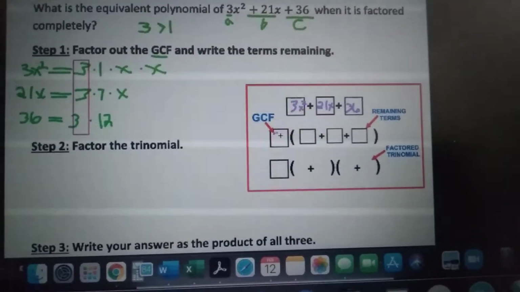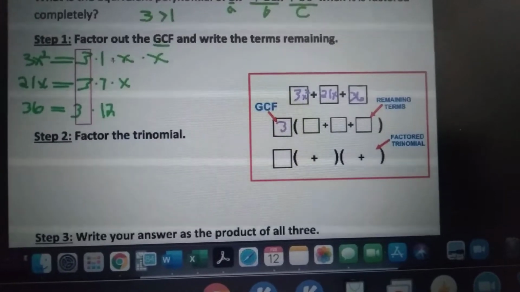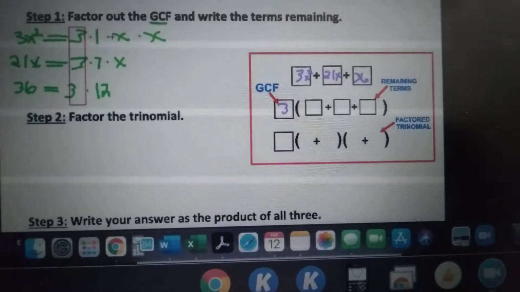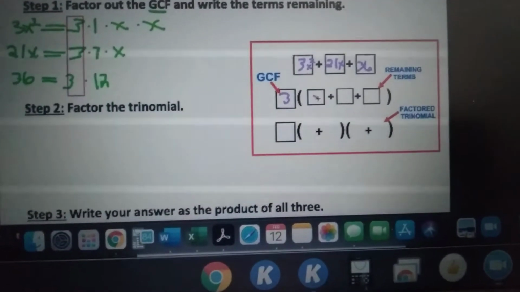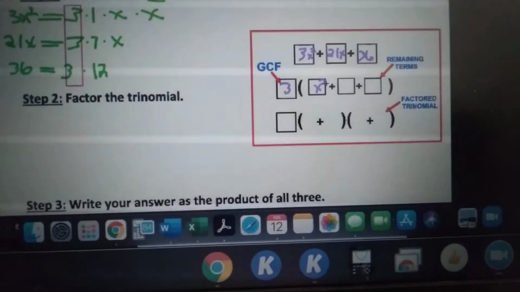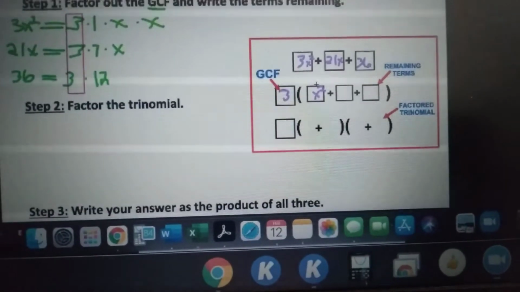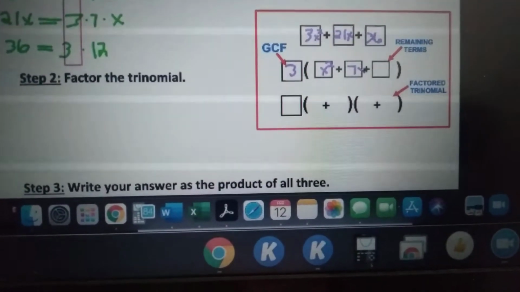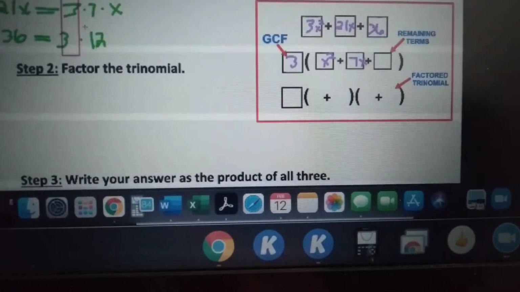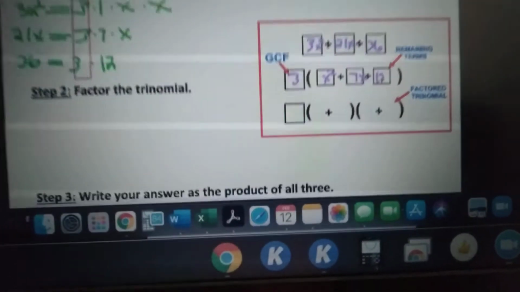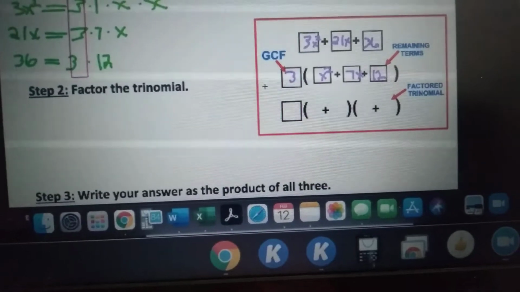My GCF, we said, was 3. Let's write what's left. 1 times x is just x squared. 7 times x is just plus 7x. And then times 12, or plus 12. Everybody comprende?